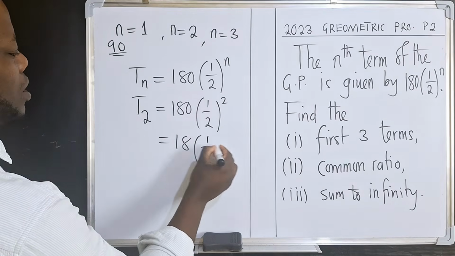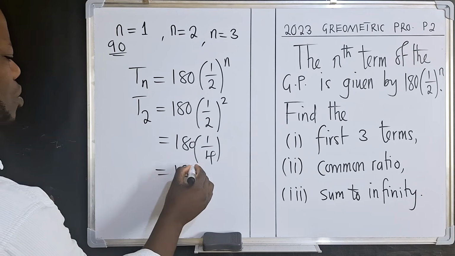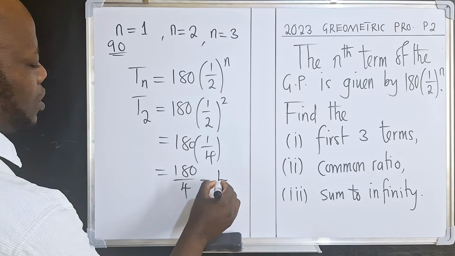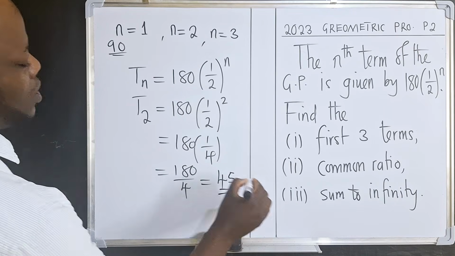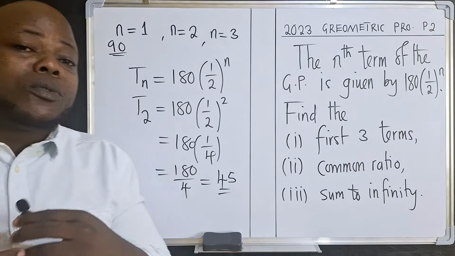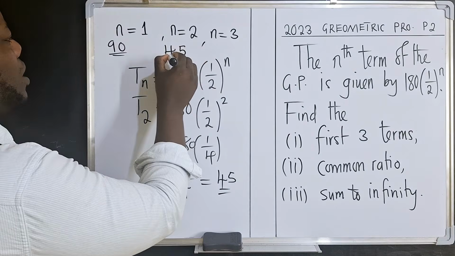When you simplify, this gives 180 over 4, which is equal to 45. So the second term in our case is 45.